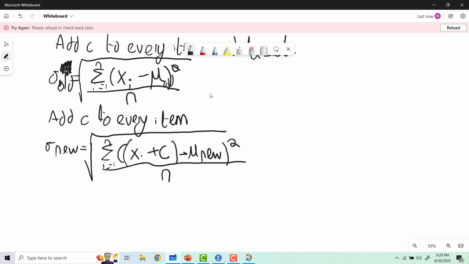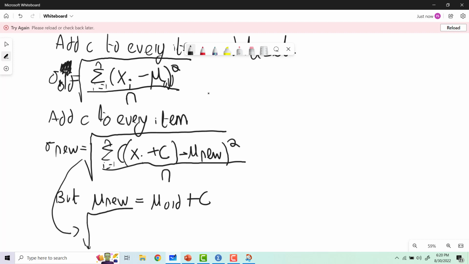But, you know, from what we did in the last video, mu new is, remember, if we add c to every item, then it's basically mu old plus c. So we can actually make this i equals 1 to n, brackets.